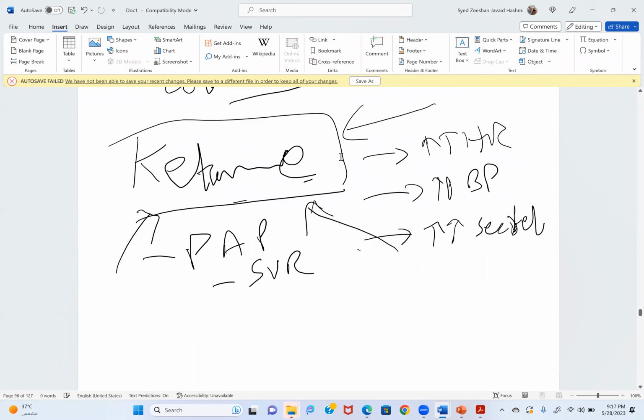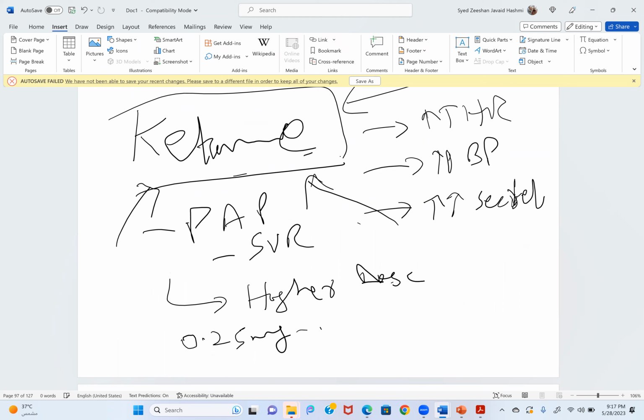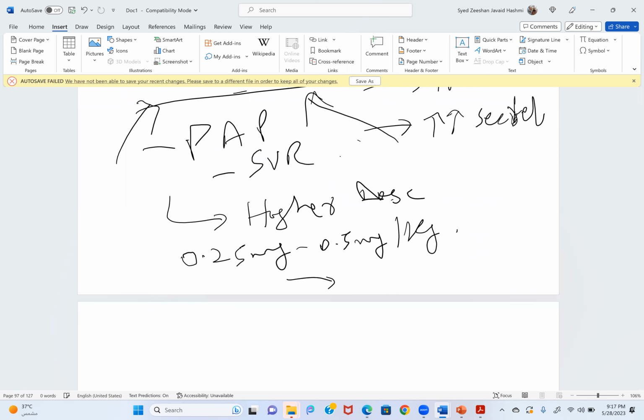But practically, these things occur only if you are using a higher dose and repeated doses. Otherwise, if you are using a slow infusion at the dose which I told you, around 0.25 to 0.5 milligram per kg, what are the advantages you are getting? You are getting very good analgesia.